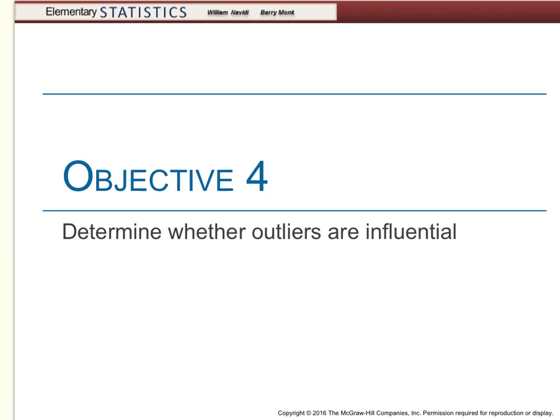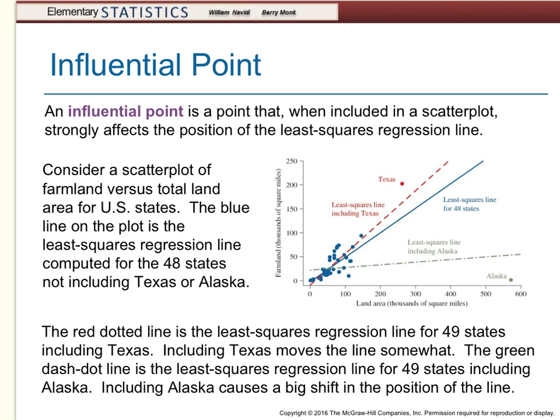So our fourth objective is to determine whether outliers are influential points. An influential point is a point that, when included in a scatter plot, strongly affects the position of the least square regression line. In the following example, there are several lines here. One line includes Texas.